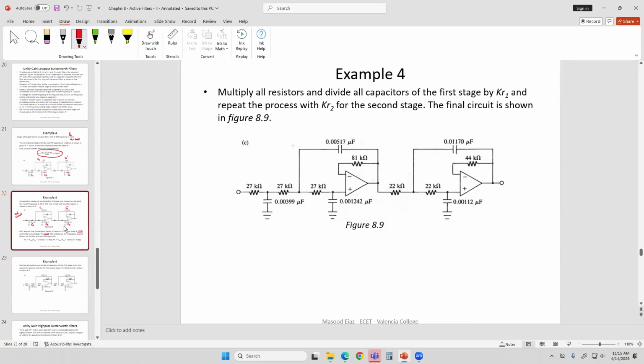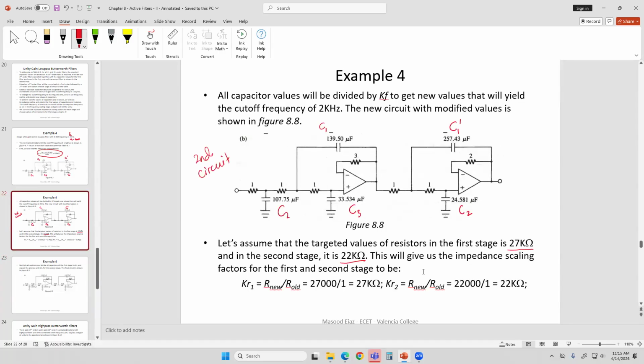Now, once again, if you don't want to choose these values, and if I ask you that C1 in the final circuit should be 10 nanofarad, and C1 dash in the final circuit should be 100 nanofarad, or if I just say that both C1s should be 10 nanofarad, I mean, you can just take any value, right? And use those to calculate the impedance scaling factor, then that's what you're going to do.